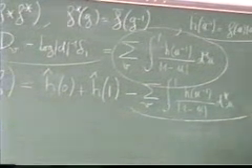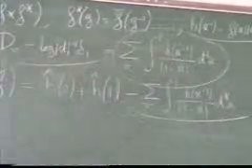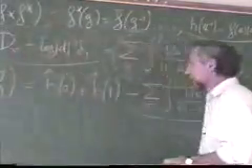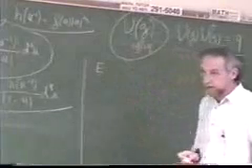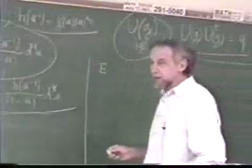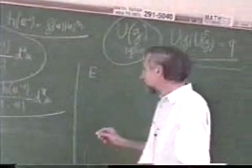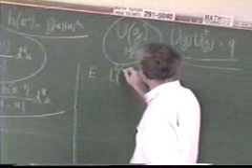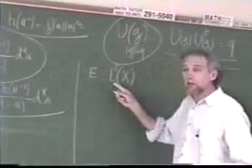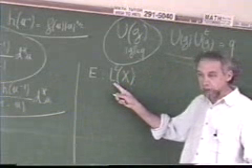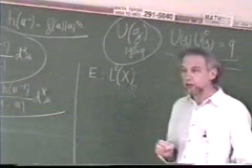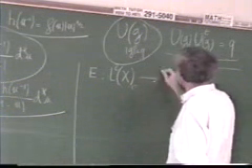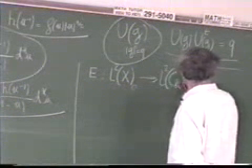Okay, let me prove the main lemma. Let me write it here. Remember that we have this map E, and the map E was an isometry going from L2 of X, with delta equal to 0 now, namely with these two linear conditions, to L2 of C_K.